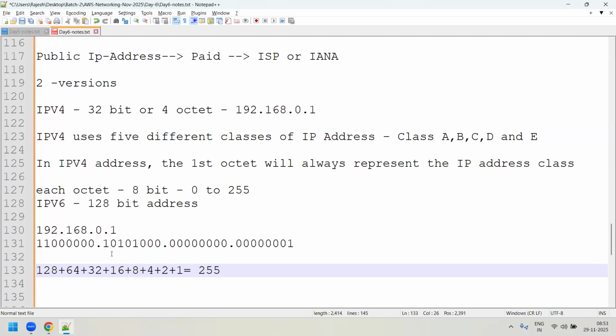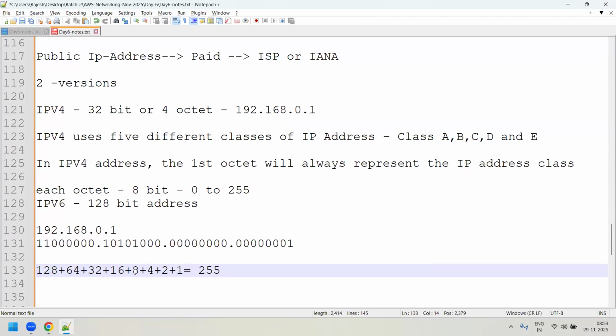It starts with 0, 1, 2, 3, 4, 5, 6, 7. Because it is binary, you have to always use 2 to the power of. 2 to the power of 0 is 1, 2 to the power of 1 is 2, 2 to the power of 2 is 4, 2 to the power of 3 is 8, like this.